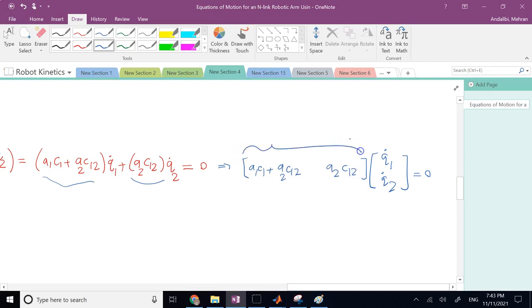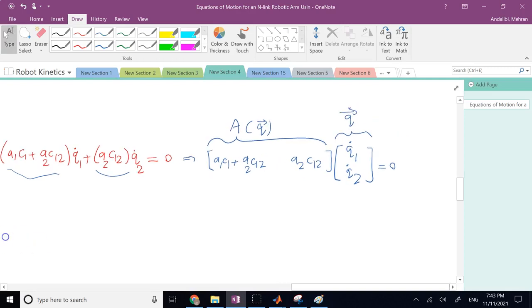So this is your matrix A of q. Definitely it is A of q because you have q's in these cosine terms, and this is your q dots. So here k is equal to 1. You only have one constraint, and that is your constraint.